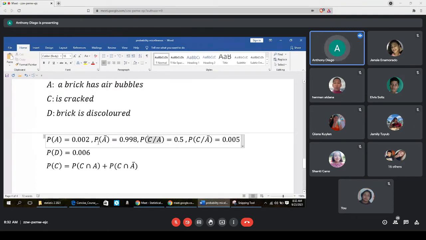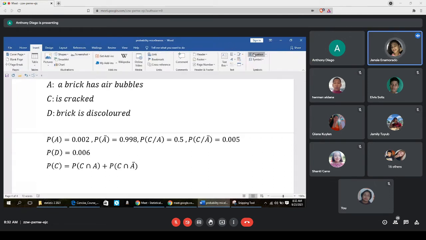Looking at the information that we got, what would be a formula that we can use? Sir, wouldn't it be A times C, sir? But why A times C? Sir, remember, there's an intersection. The brick could be cracked and have air bubbles in it. So that's what we are talking about.